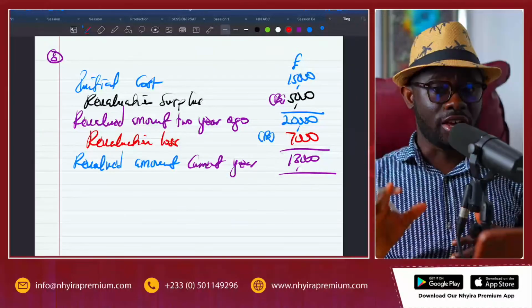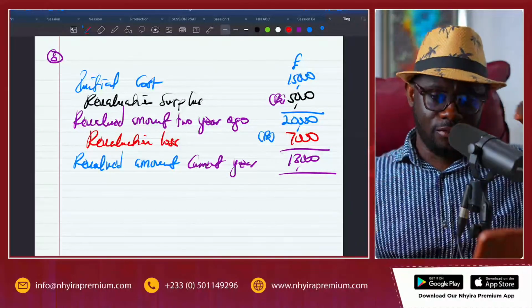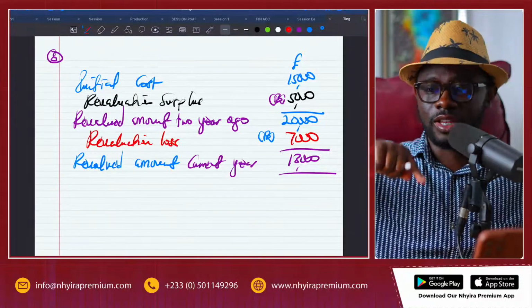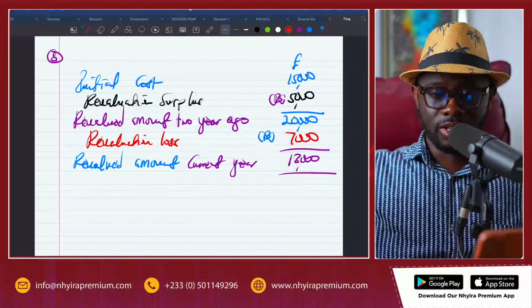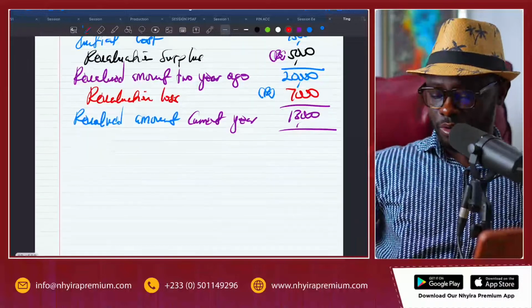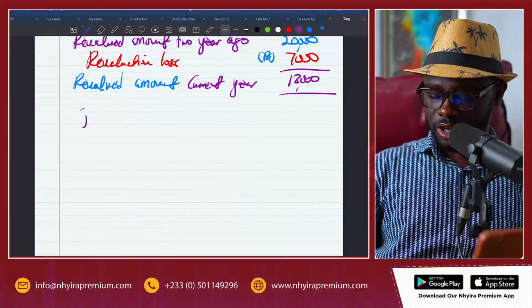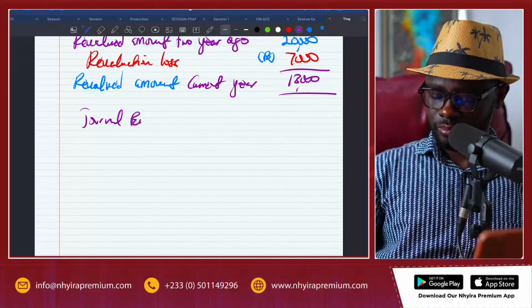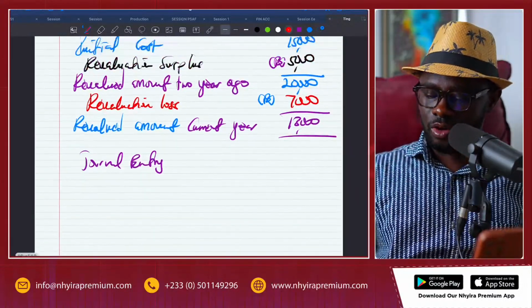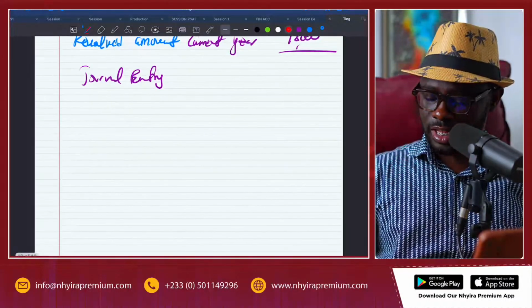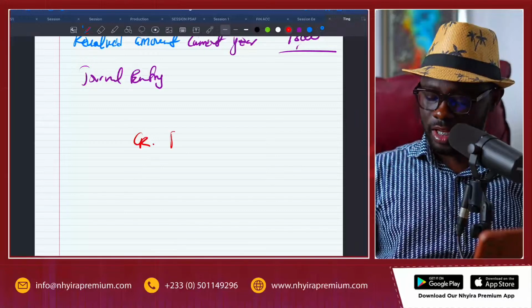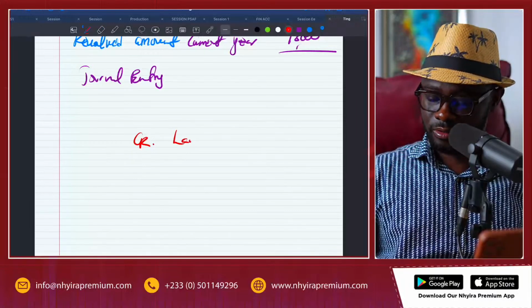Now, if you pay attention, it's just the flip side of the same question, presented in another way, so you can see both parts. So let's look at the journal entry in the current year. We are having a loss of 7,000, so we are supposed to credit the land account.